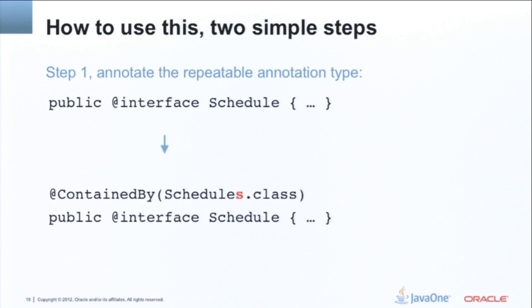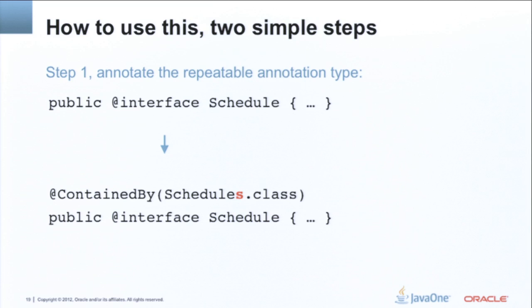So, given that you want to use this, how do you do it? You take your annotation type that you want to use, in this case Schedule, and you annotate the Schedule declaration with a ContainedBy annotation.